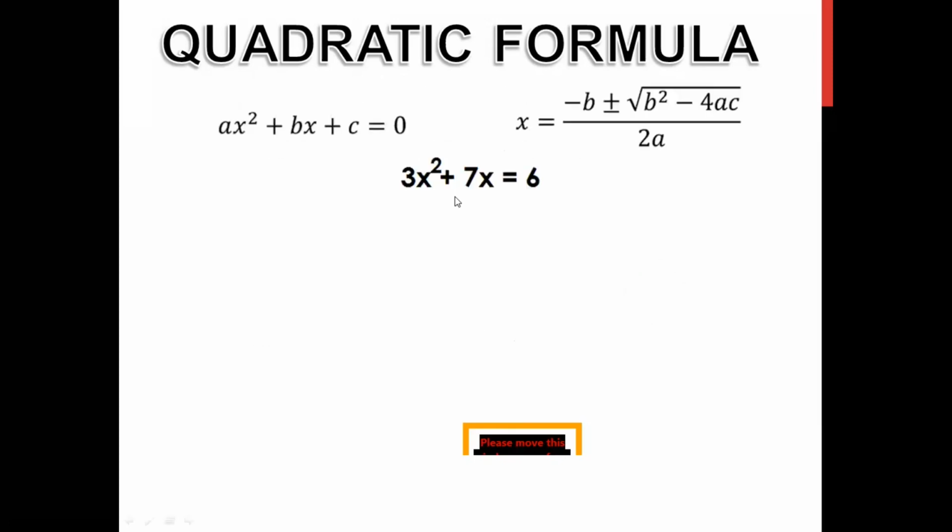Okay. Our first example is 3x squared plus 7x is equal to 6. So we need to transform our first example into our general equation. Okay, we need to transpose the 6.